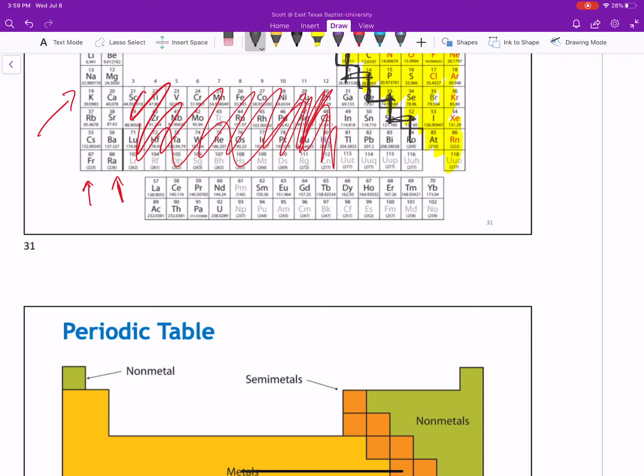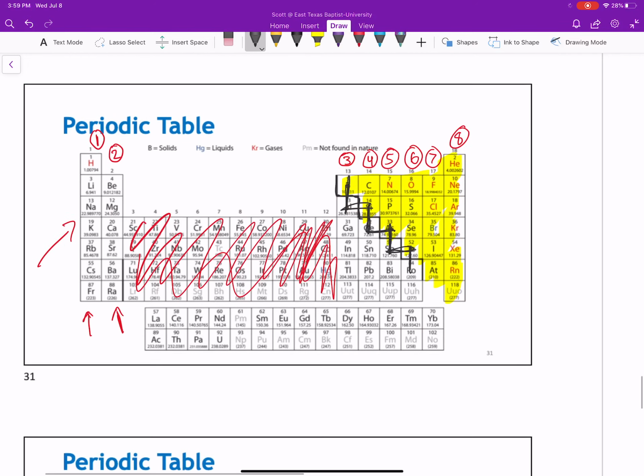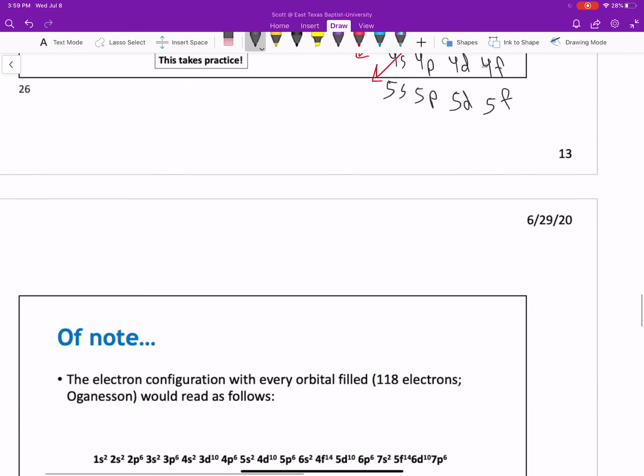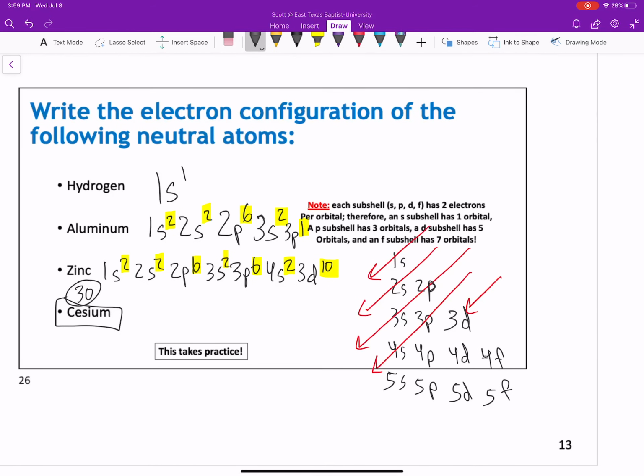Let me go back up here real quick because you can actually determine the number of valence electrons using electron configuration. Let's take a look at hydrogen. There's only one shell, so you know it has one valence electron, available for bonding.